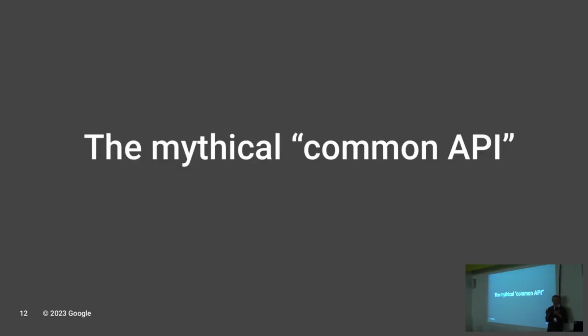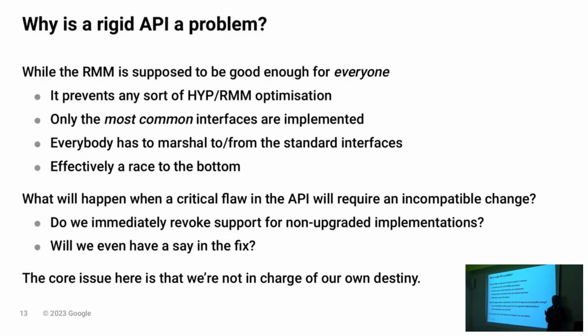So it's, again, this mythical common API through which all hypervisors can interact with hardware. It's supposed to be good for everyone, but in reality, it prevents any sort of optimization between the RMM and your non-secure hypervisor. So looking at PKVM, the interface between the PKVM low visor and the kernel is flexible.